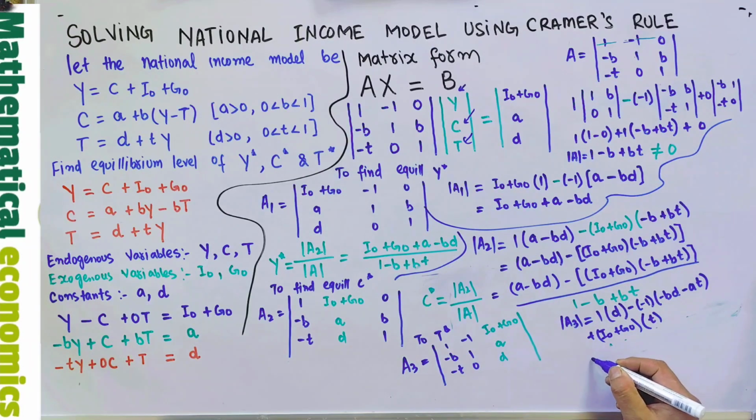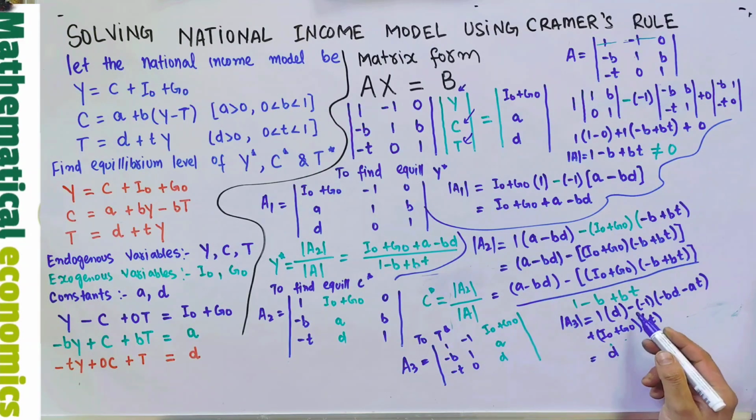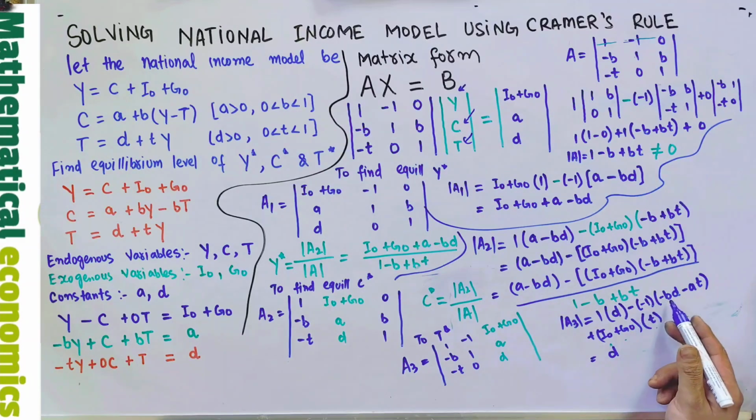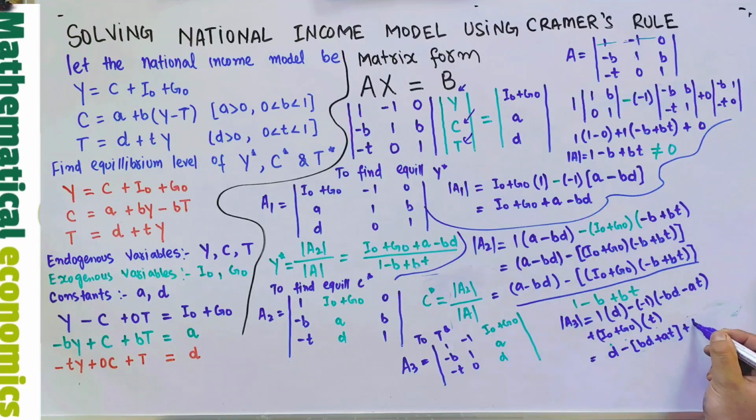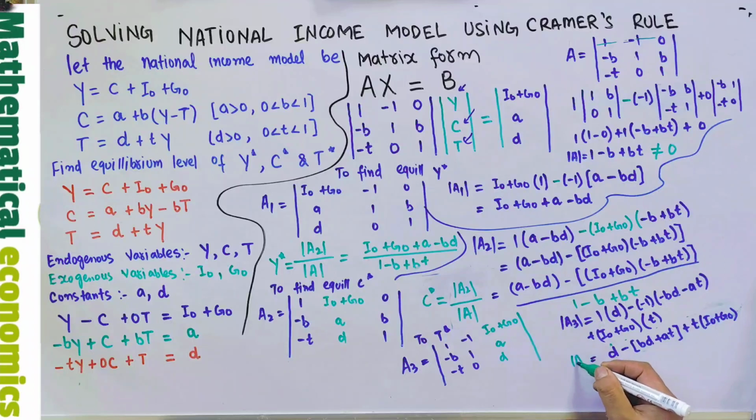So we have here d, then let us take minus common, we are left with bd plus 80, plus t times (I naught plus g naught). So this is the value of the determinant A3.